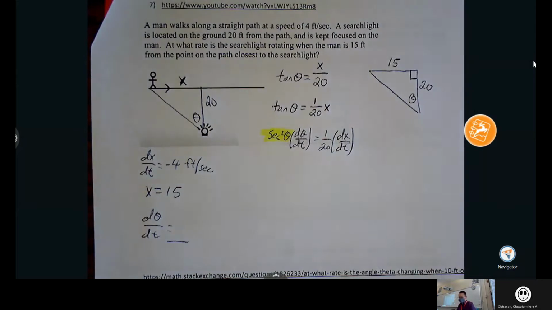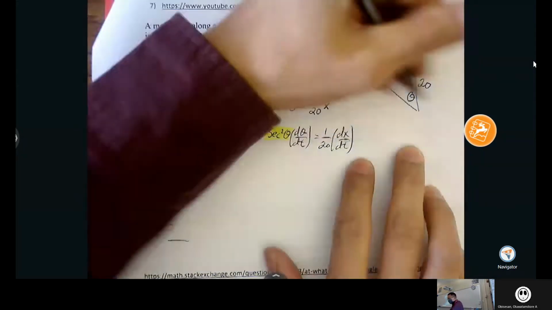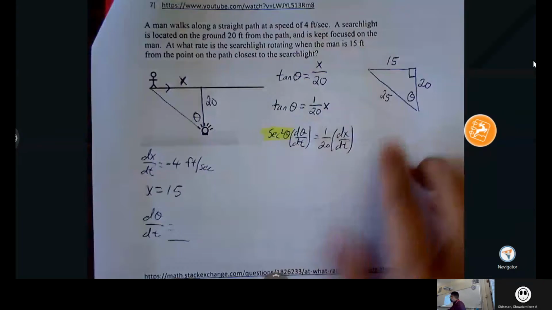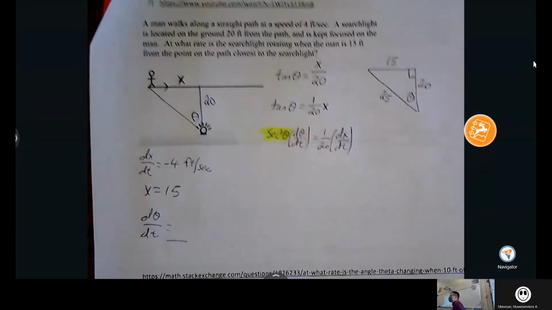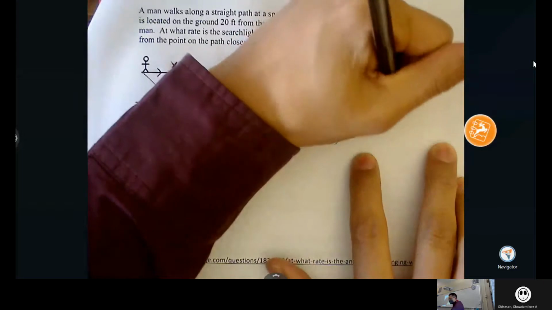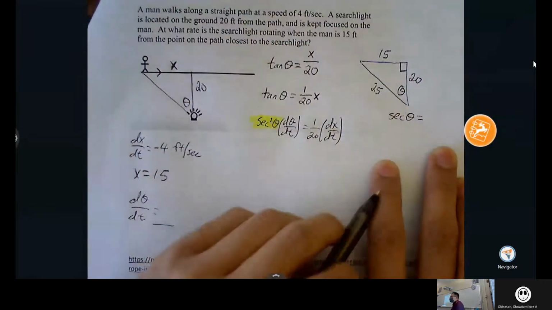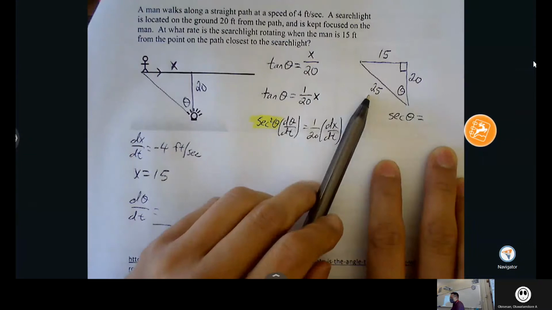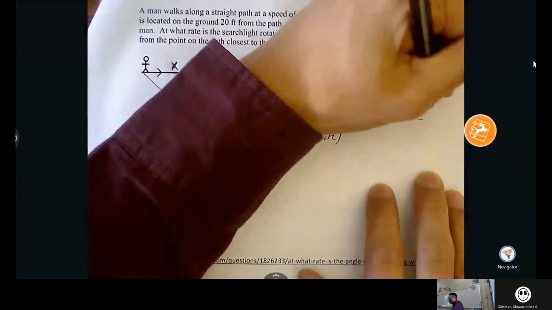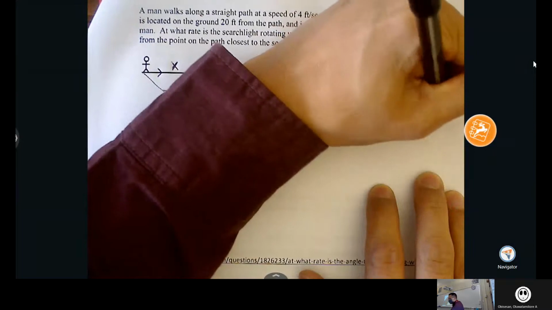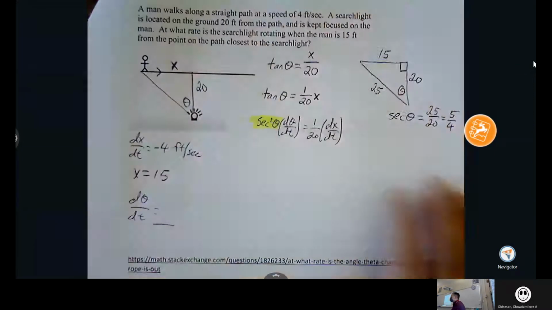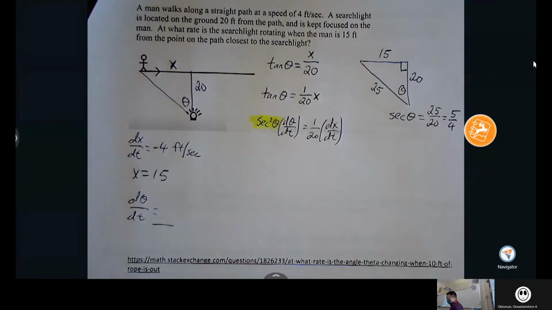Okay, what do you get? 25. Good. So how can this help us find secant? Hypotenuse over adjacent. Yeah. So 25 and 20. Okay, so now we can start filling information in, right?